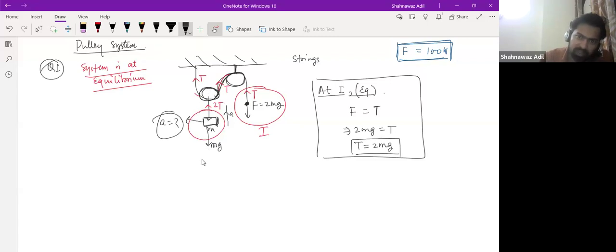So if we write the second part, what will we have? That is not at equilibrium, right? This thing is moving. So what would be this thing?